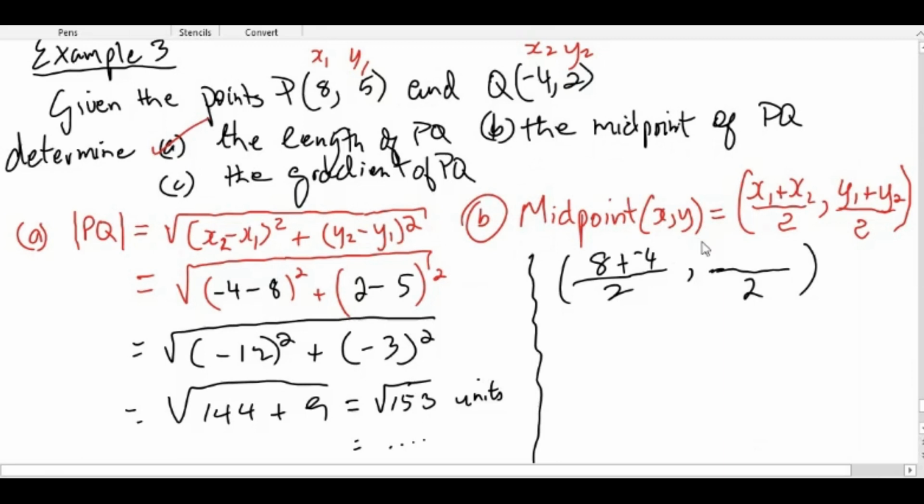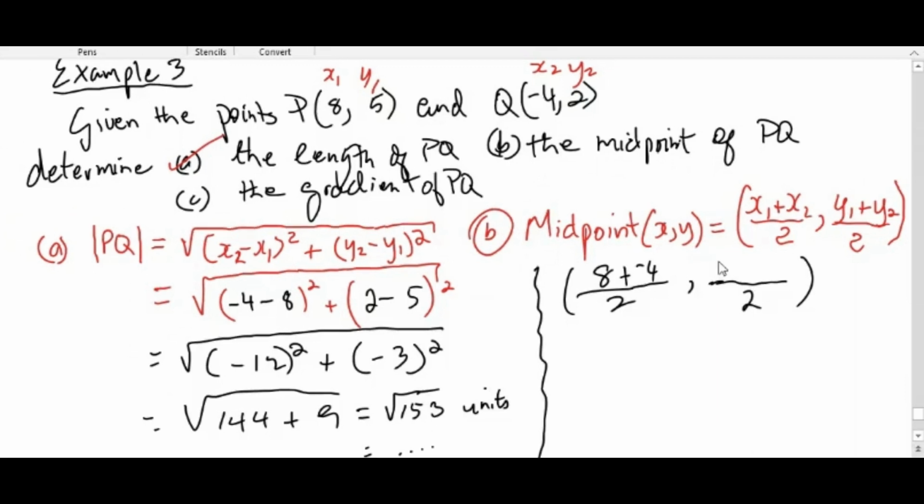Next one will be what? Add the y coordinates now. 5 plus what? 5 plus 2. And so what would I get? Right, but this is minus, right? So it's 8 minus 4 is 4, like I said, very good, son. And this one will be what? 7 over 2.